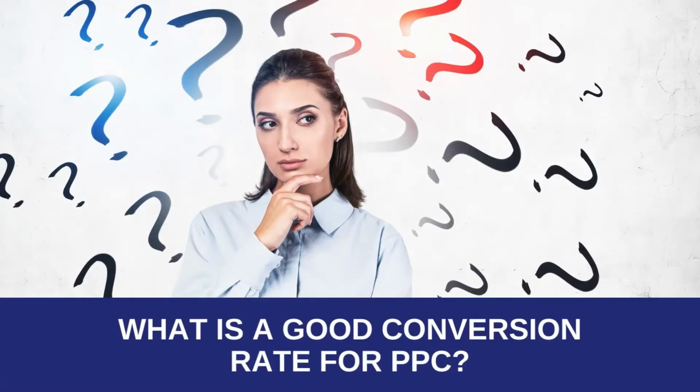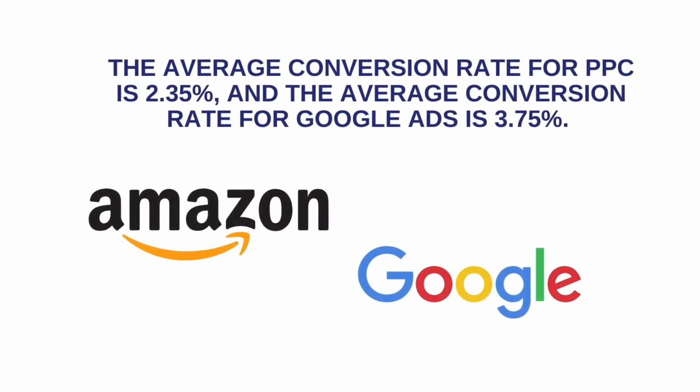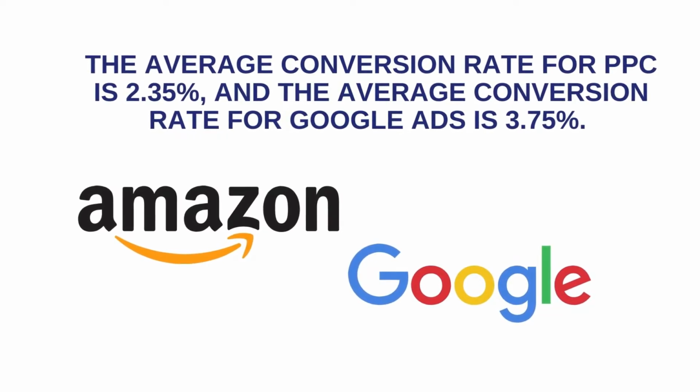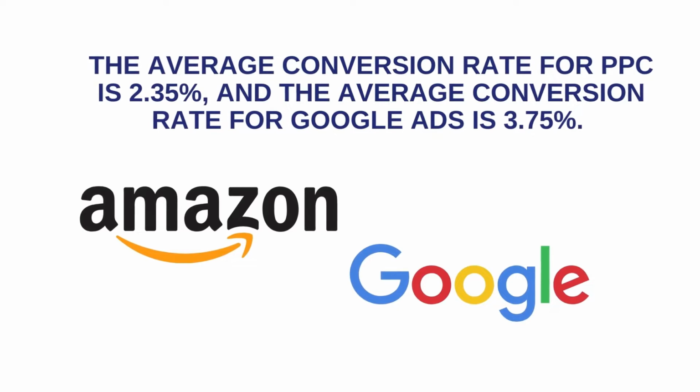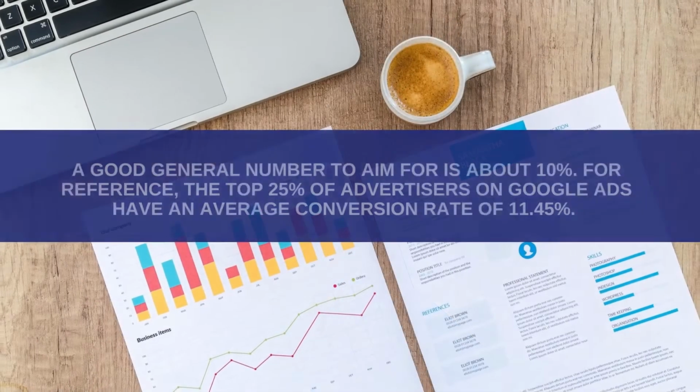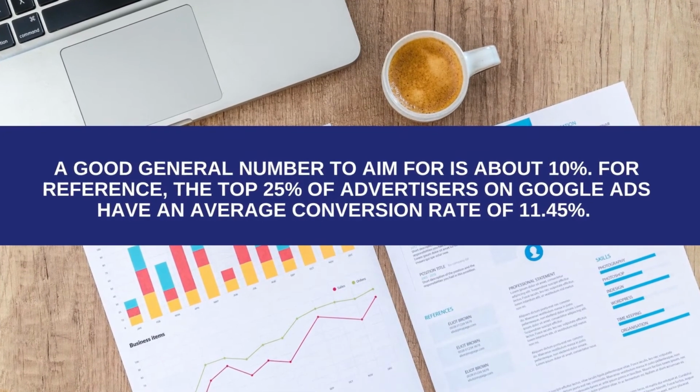What is a good conversion rate for PPC? The average conversion rate for PPC is 2.35%, and the average conversion rate for Google Ads is 3.75%. For a good conversion rate, aim for a higher rate than the average. A good general number to aim for is about 10%.